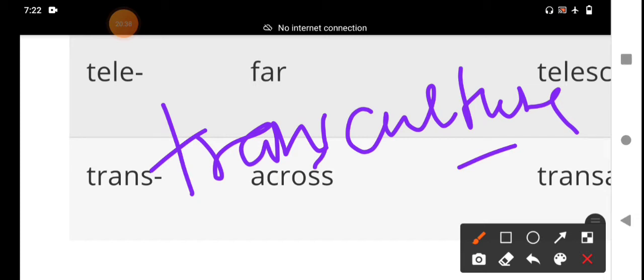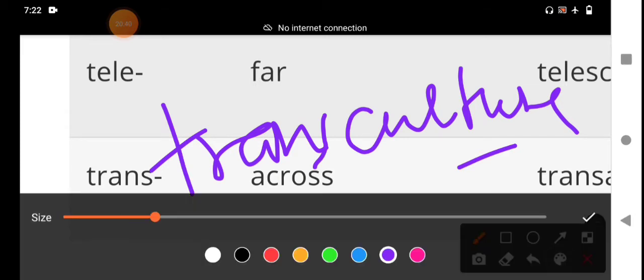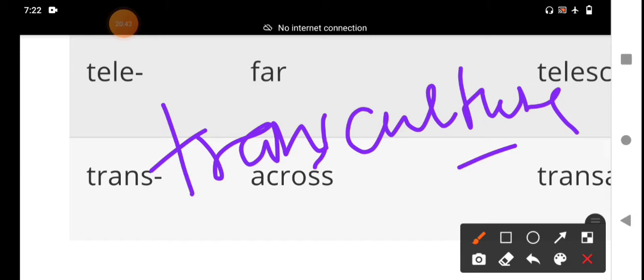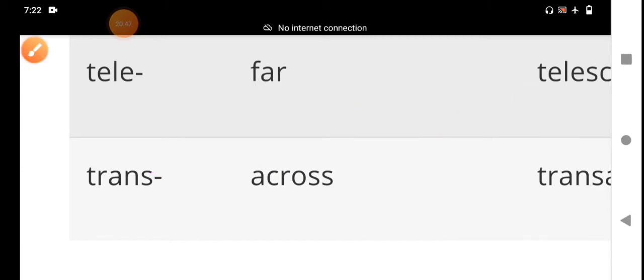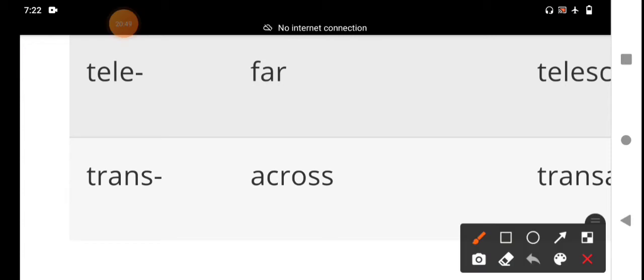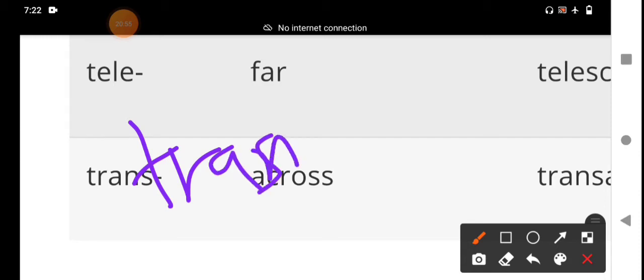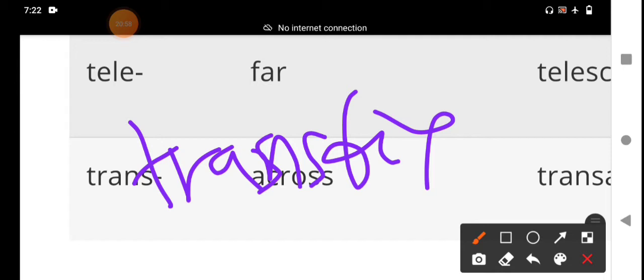For example, one word is generally useful when we are thinking about someone. What is that word? A very important word with the prefix trans: transfix. What is the meaning of transfix? Transfix means render motionless because of surprise or terror.